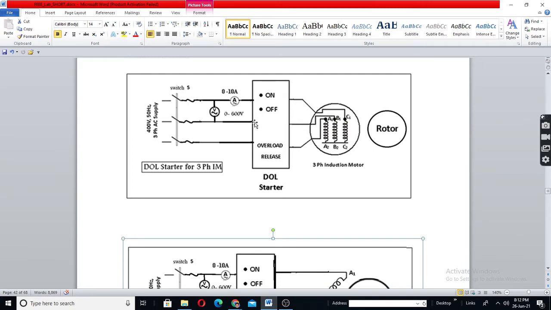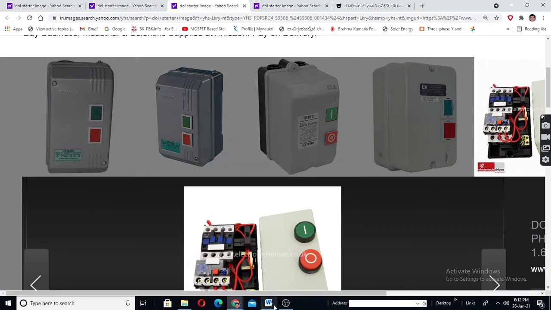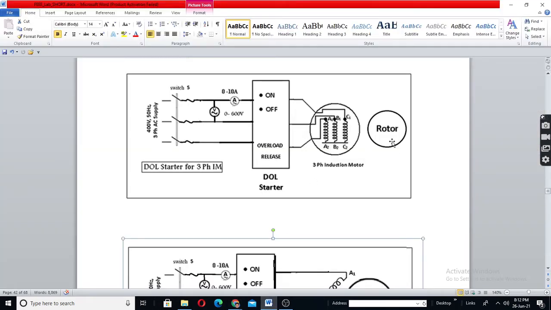So now what happens in the experiment is, when you press the green button, the motor will start. It will rotate in a particular direction, clockwise or anti-clockwise.